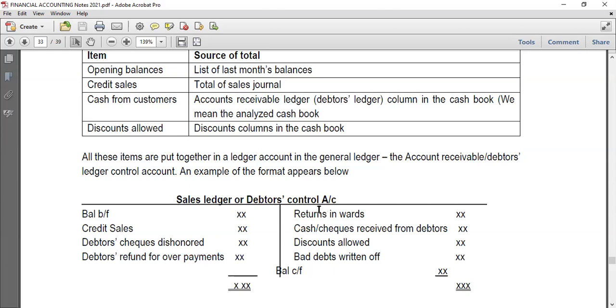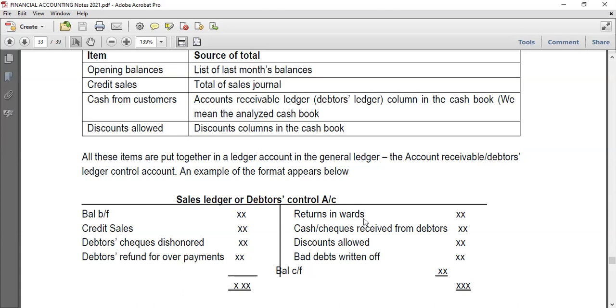Now, very similar when it comes to the credit side. Whatever is on the credit side are items that reduce your debtors balance, okay? Now, we have one here, the return inwards. Return inwards are goods that we have sold to our customers, and our customers return them for various reasons. It could be that our goods are spoiled, or maybe we gave them more than they actually ordered, etc. So the return inwards reduce our debtors balance.